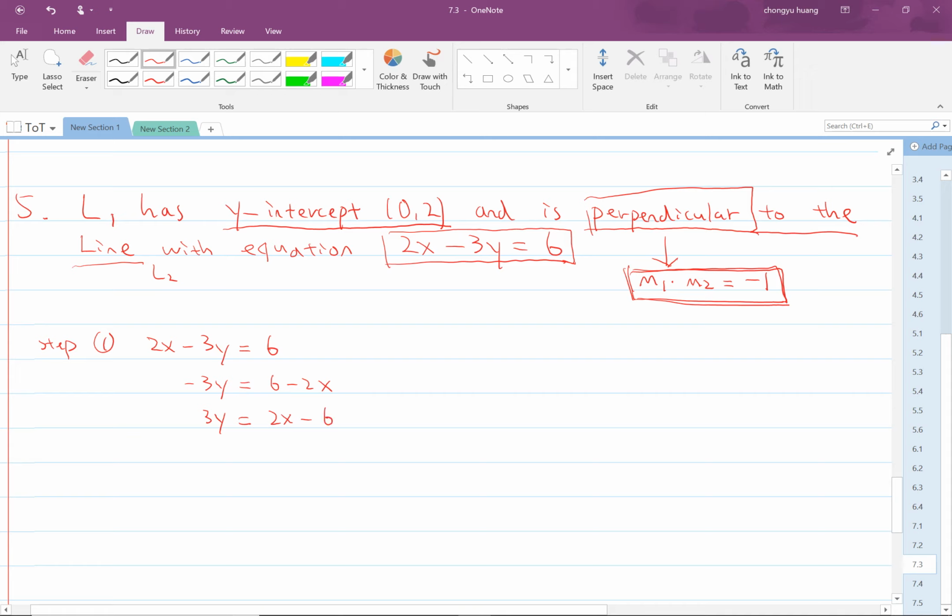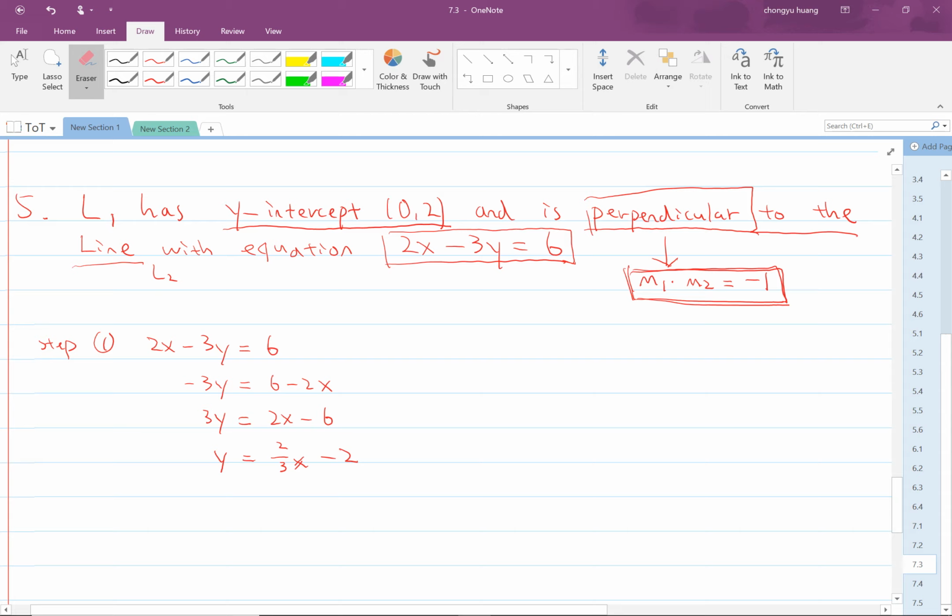Let me write it. I think I made a mistake over here. We have y equal to 2/3x minus 2.